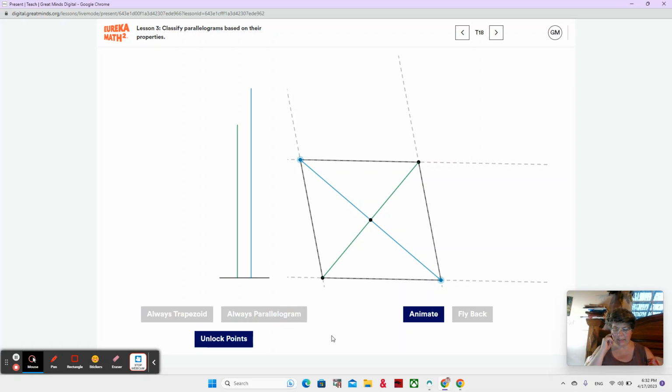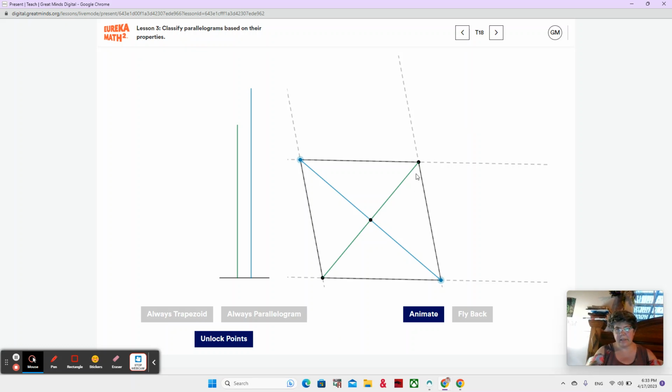And we're looking at the diagonal. Those are line segments that connect the opposite vertices, right? Now, what do you notice about the lengths of those?